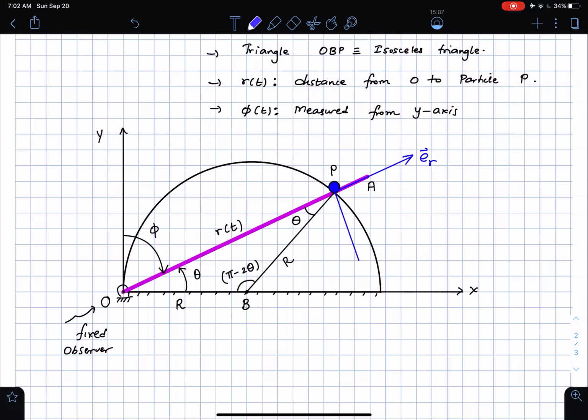Maybe let me reduce the size of this guy a little lesser. Okay, all right, that's good. Then this is going to be e_phi. Okay, so let me also write that out.